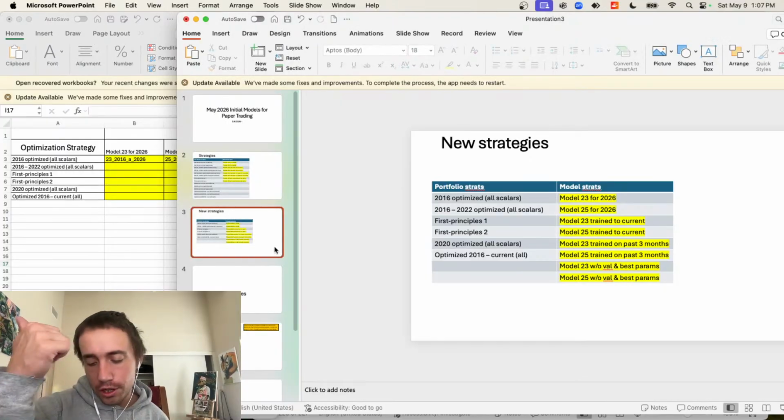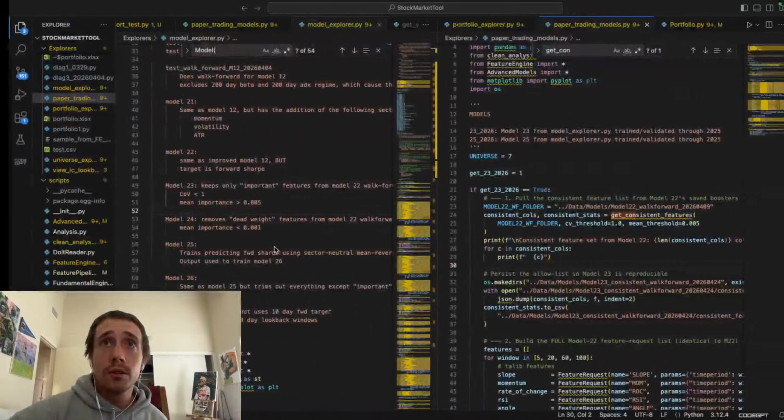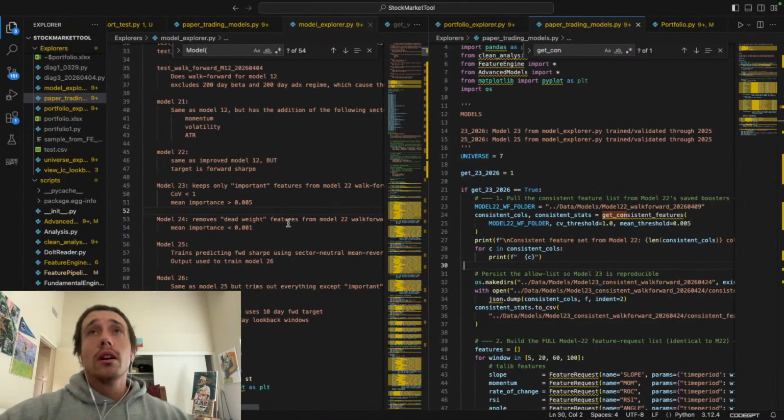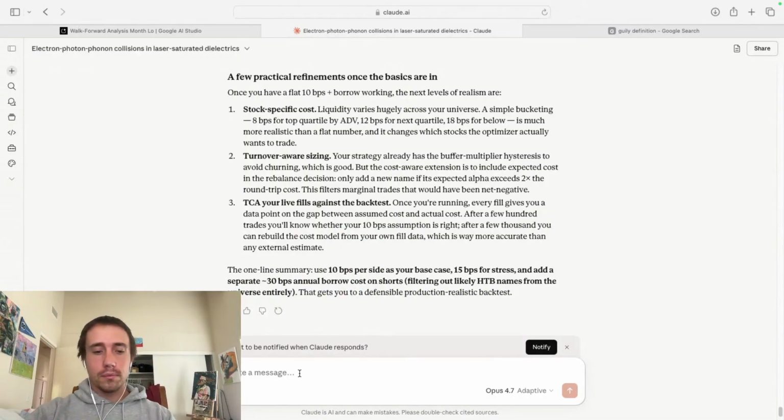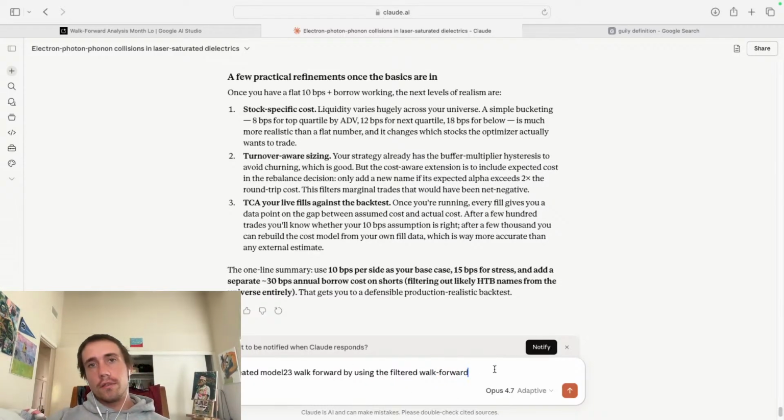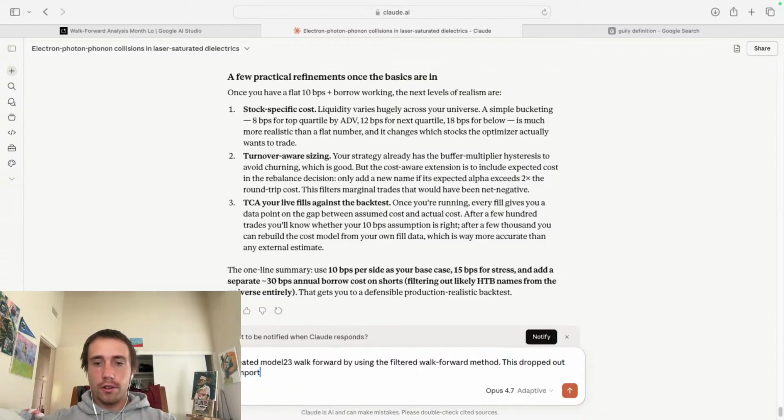Okay, so Model 23 is doing training incorrectly. I created Model 23 by using the filtered walk forward method.